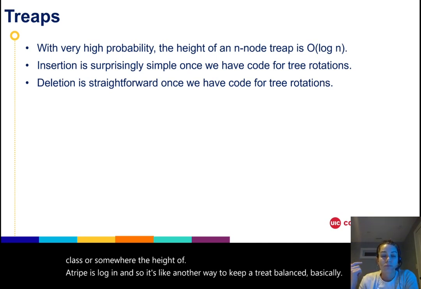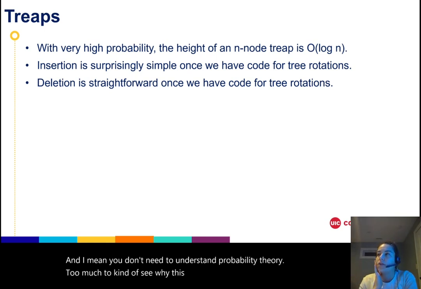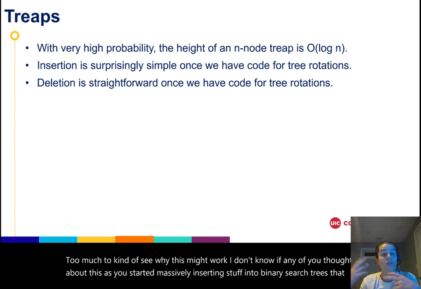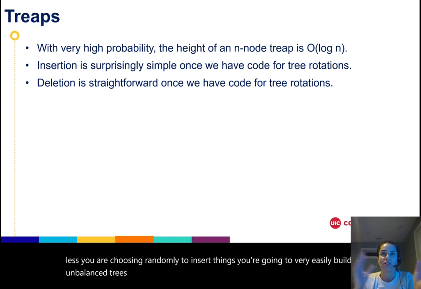Insertion, and you don't need to understand probability theory too much to kind of see why this might work. I don't know if any of you thought about this as you started massively inserting stuff into binary search trees, that unless you are choosing randomly to insert things, you're going to very easily build unbalanced trees because, for example, if you add 5, 4, 3, 2, 1, it's going to be really imbalanced.